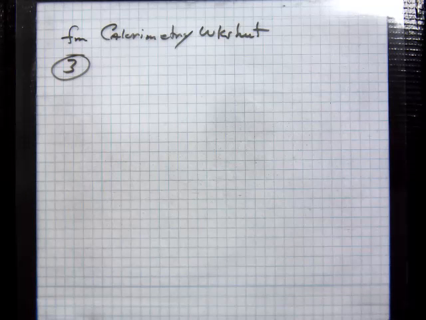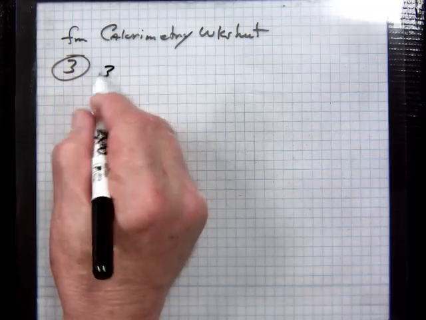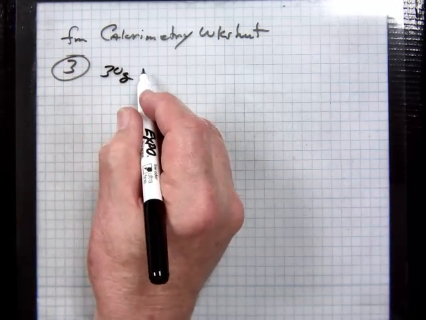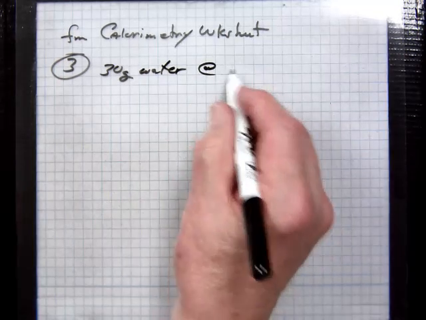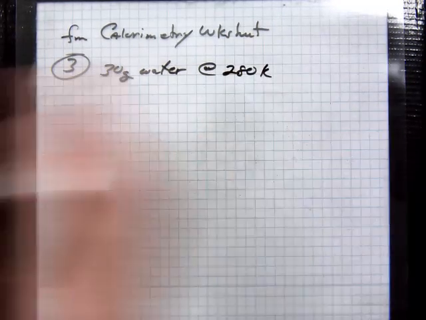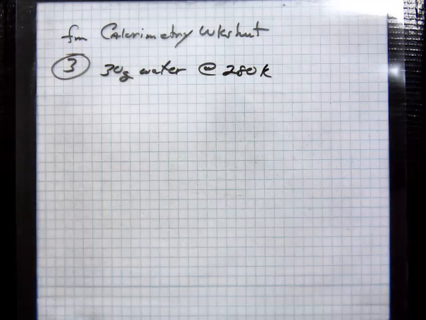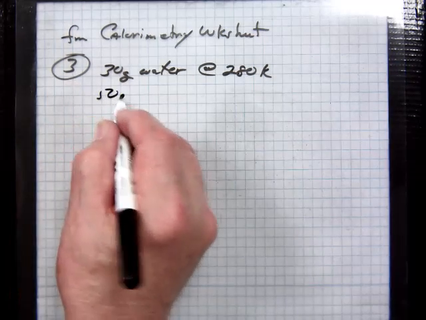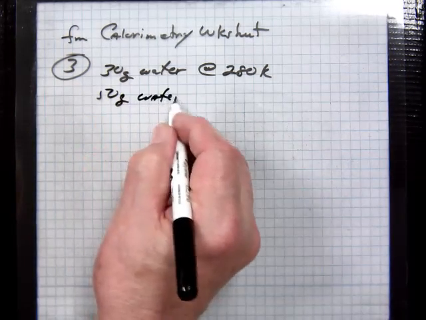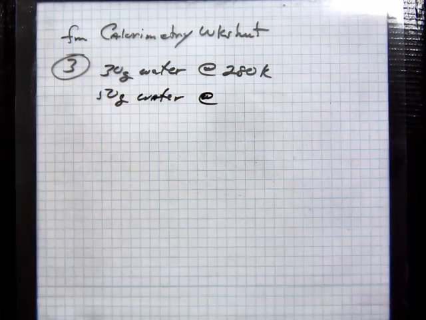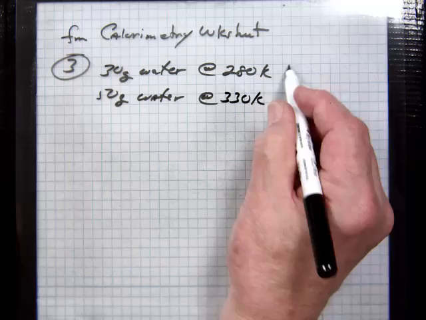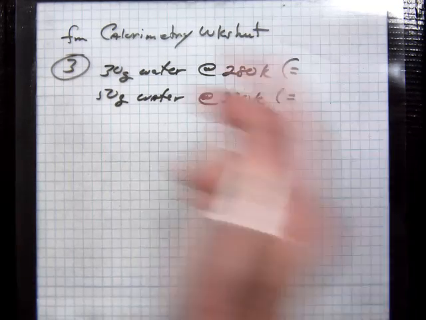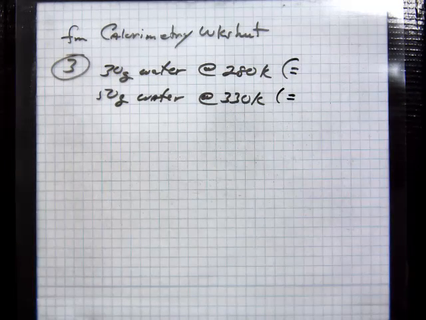So in this, number 3, you're given a 30 gram sample of water at 280 Kelvin mixed with 50 grams of water at 330 Kelvin. And so you actually need to convert these to Celsius.